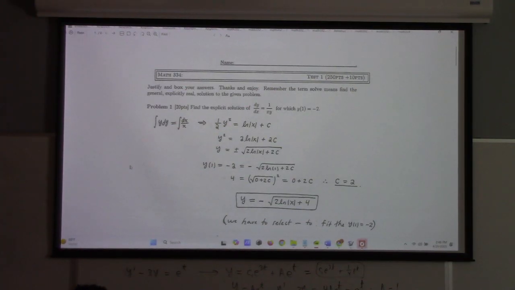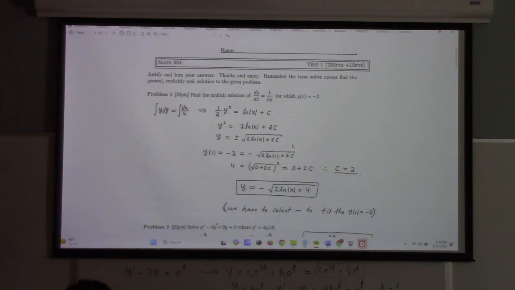So let's see here. How many of you lost points because you didn't put the minus there? Many of you lost those points, as does every year of differential equations when I ask this question. I tell people I'm going to do this, and I do it, and people still get it wrong.